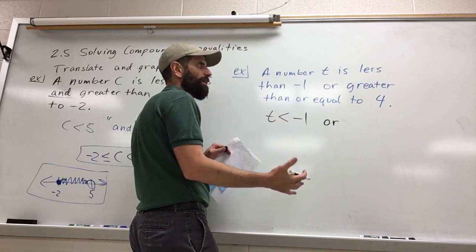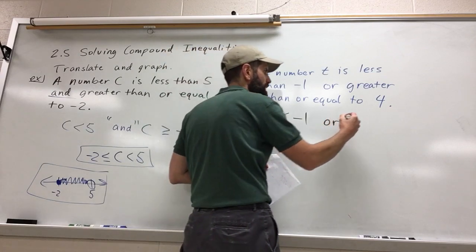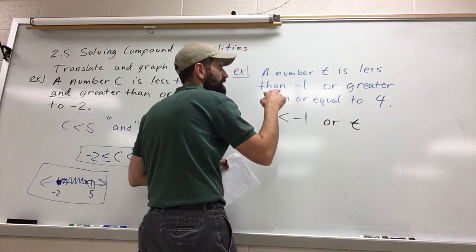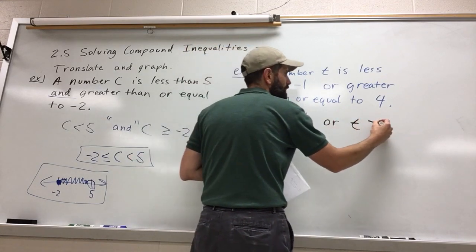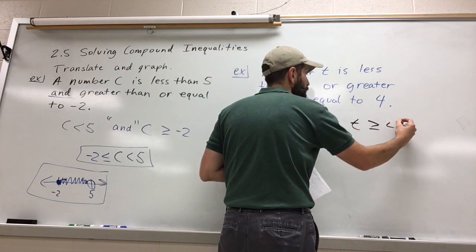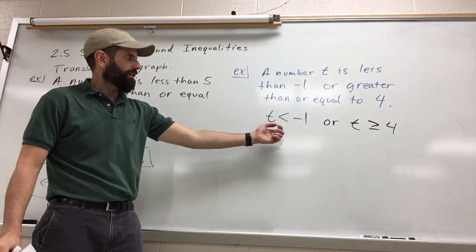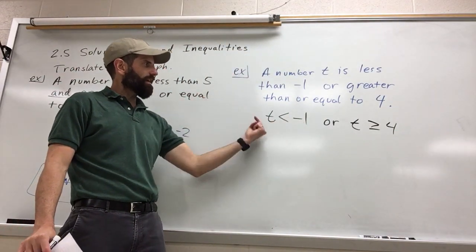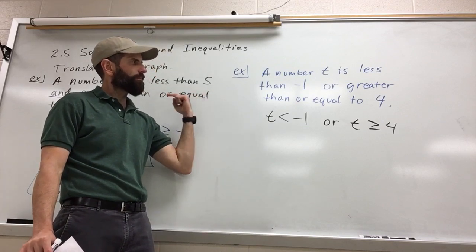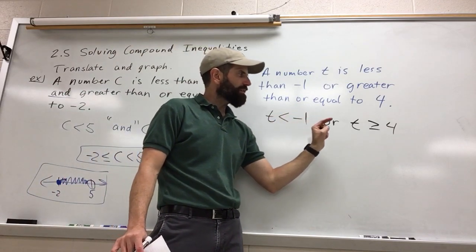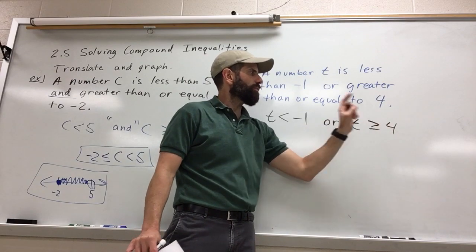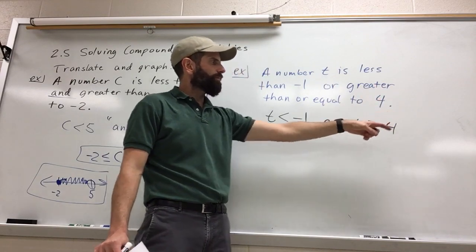So we're still talking about T. So T is greater than or equal to 4. So now let's think about what this is saying. T is less than -1, or T is greater than or equal to 4.